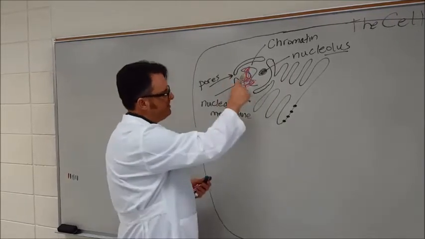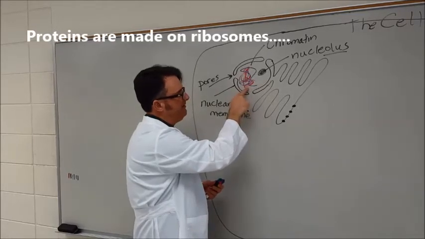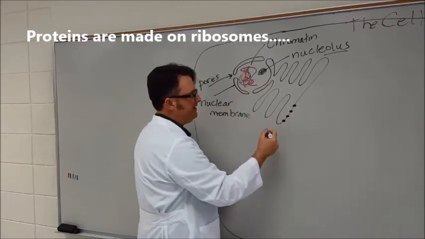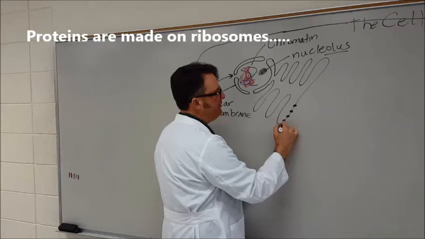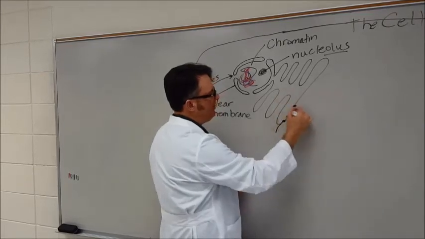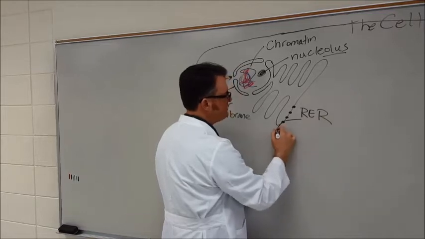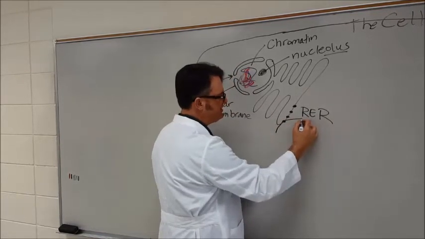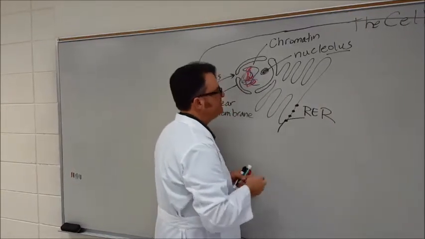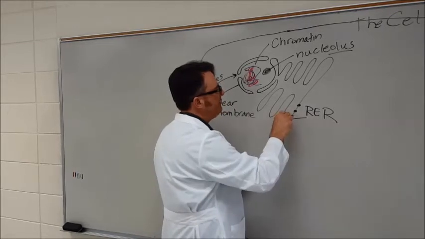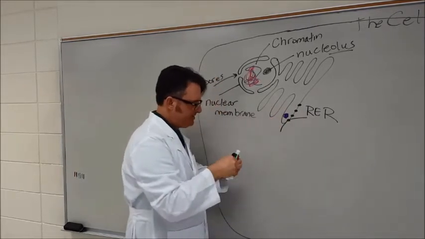If the messenger RNA makes a copy of the DNA, it can go and read it through a ribosome on the rough endoplasmic reticulum. This is a ribosome, and this is my little messenger RNA strand. Let's make the protein purple. We'll say that the protein is purple.